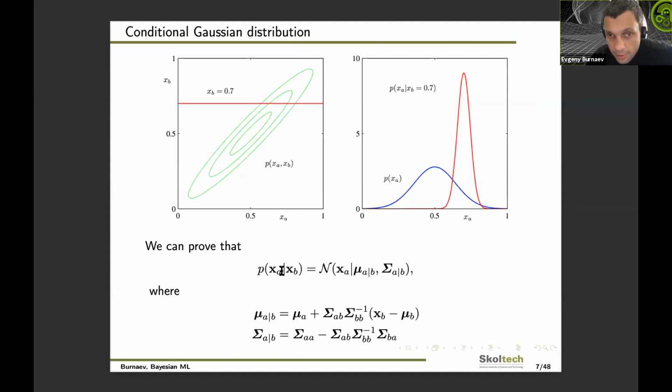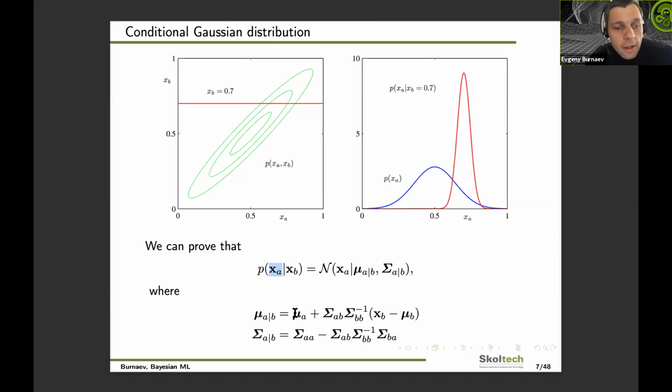Because two subvectors x sub a and x sub b are correlated, the covariances between components of these two subvectors are non-zero. It's obvious that if we know some specific values of the subvector x sub b, this should influence somehow the distribution of the vector x sub a.